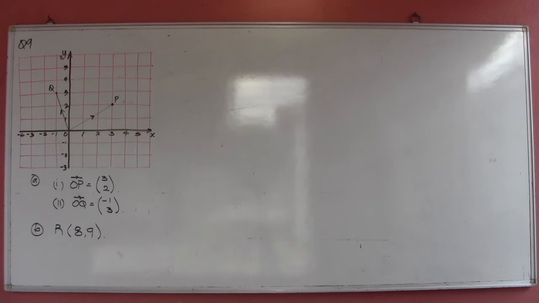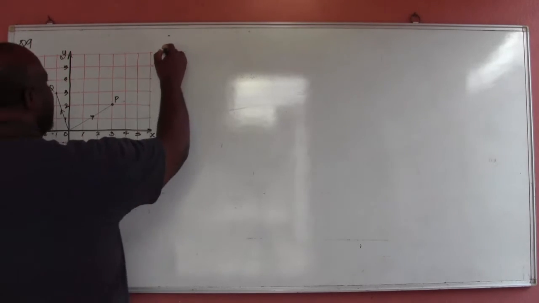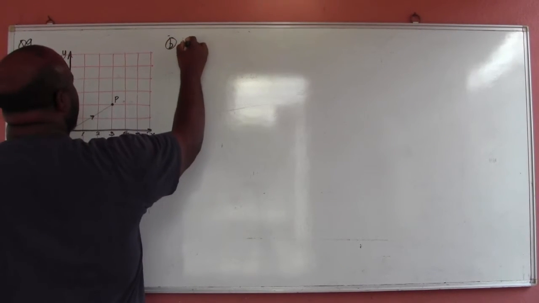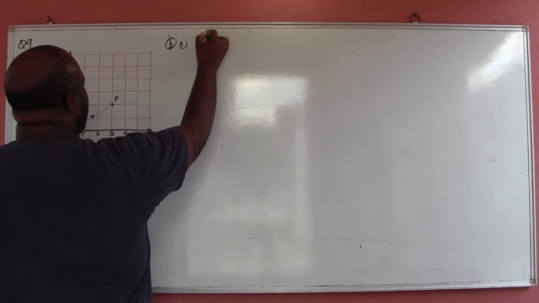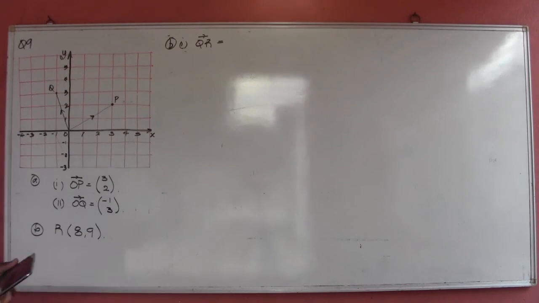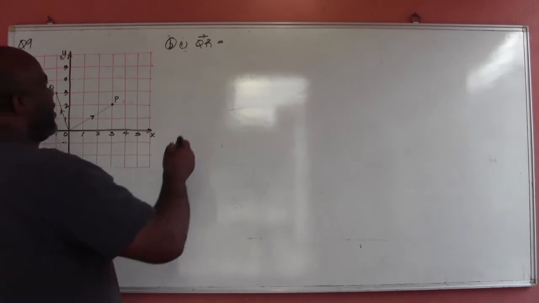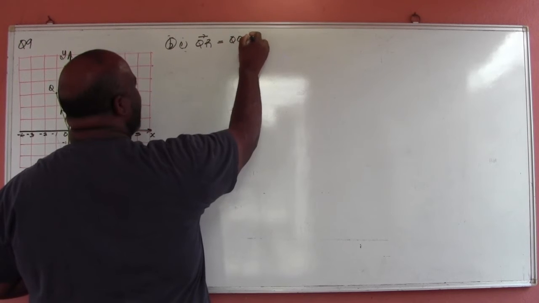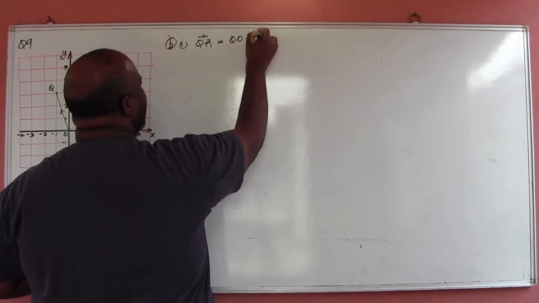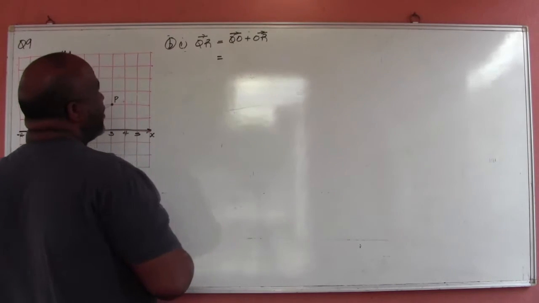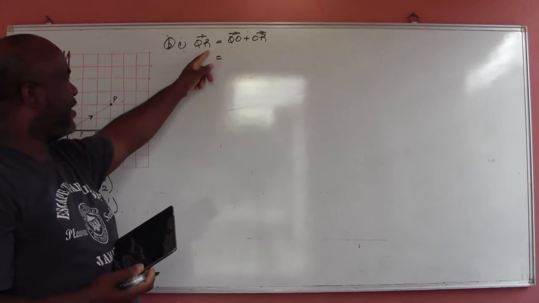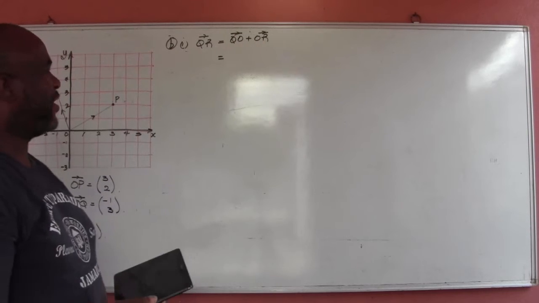It says express QR as a vector in the form (x, y). So we need the vector QR. Remember, I've been saying that whenever you're asked to find a vector, most times you're going to use the triangle law of vectors. So QR would be equal to QO plus OR. We start at Q and end at R, and the next letter is in the middle.